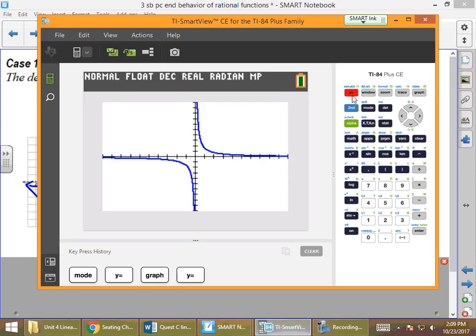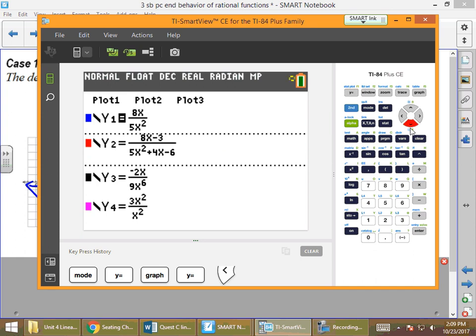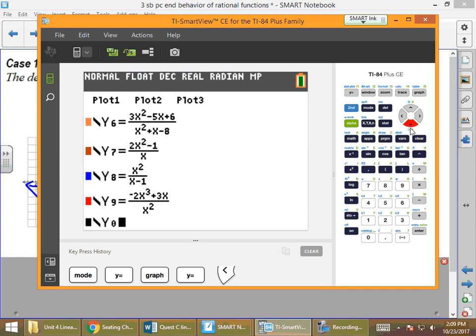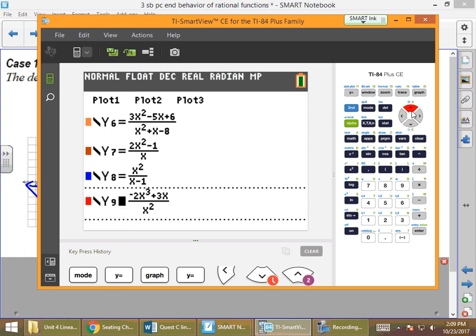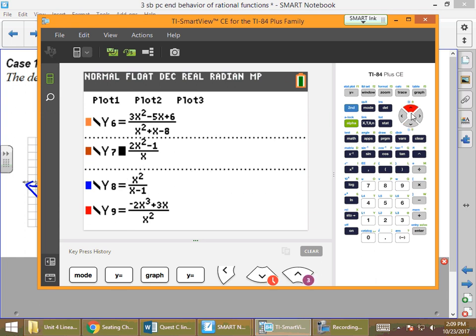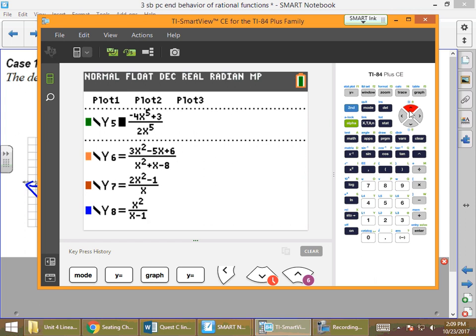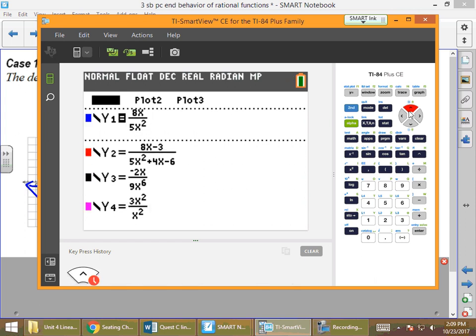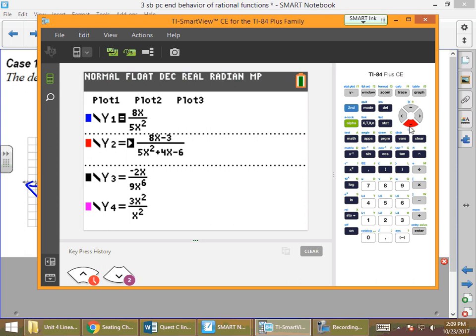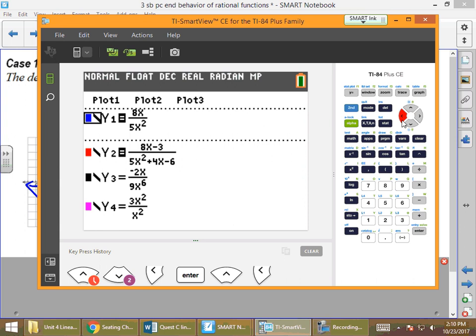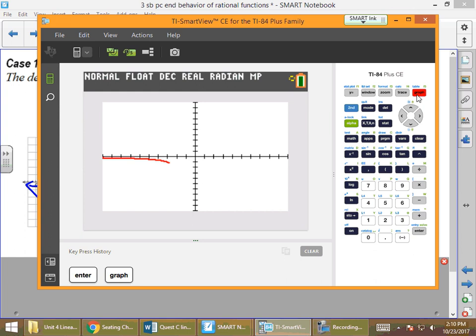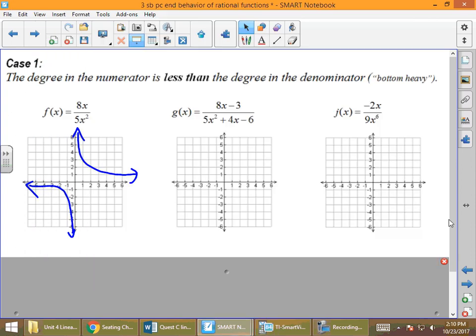If we try the next graph, it does not want to cooperate. Turn that one on, turn this one off. We look at the second one. It looks like this, so we can draw a rough sketch of that.